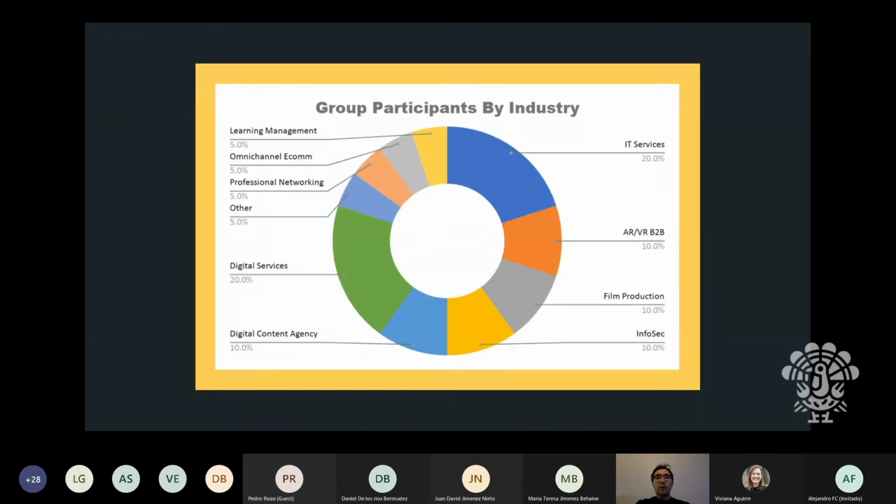I took a peek at the different companies presented here in this workshop, and did a little bit of self-categorization. There's a little bit of blur, I think, between digital service and digital content agency, but I noticed that there aren't that many startups per se.